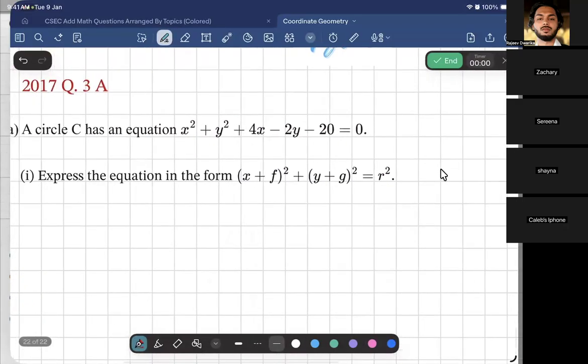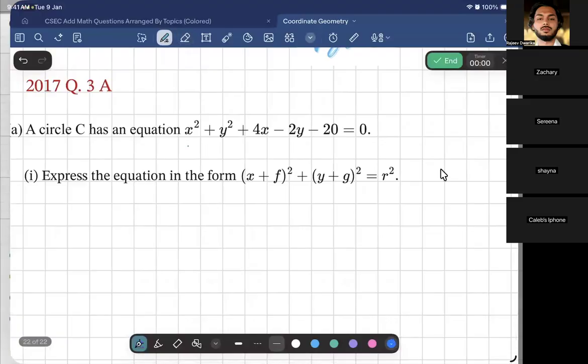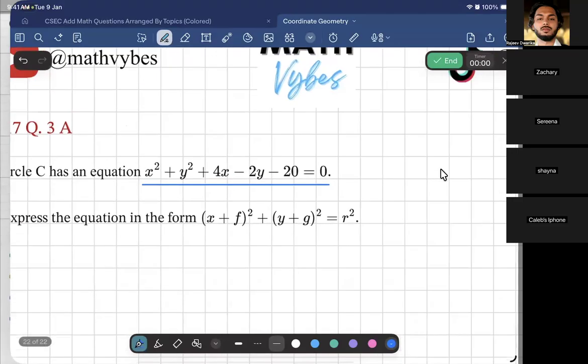All right. So, Caleb, I want you to tell me what form this is in. Standard form. No, this is in the general form. What does the general form look like?